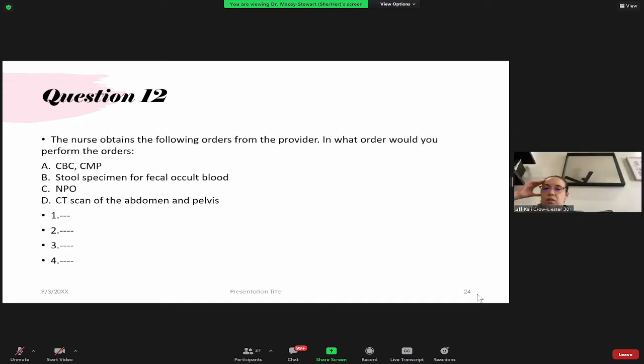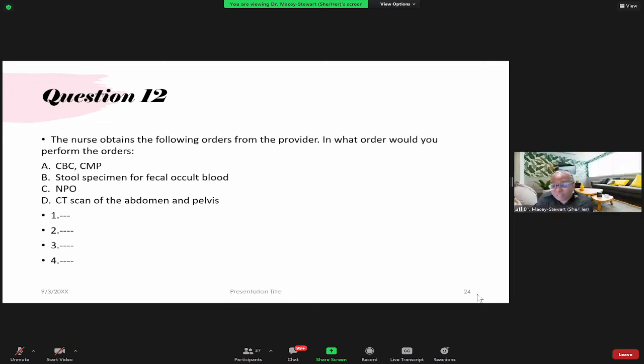And the stool is usually last because when a patient gets on the floor and says they've been having bloody stools, diarrhea, or constipation, you have to wait to get the stool sample. So it's whenever they can give it to you. Everything else goes first. NPO is first, then you do the lab work.